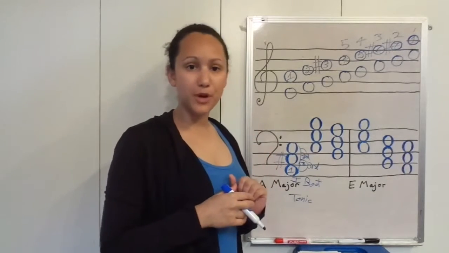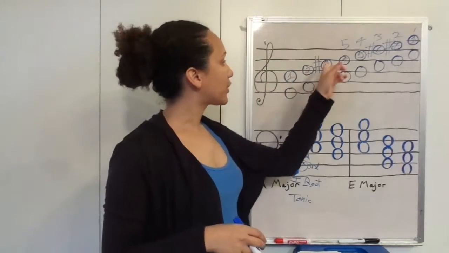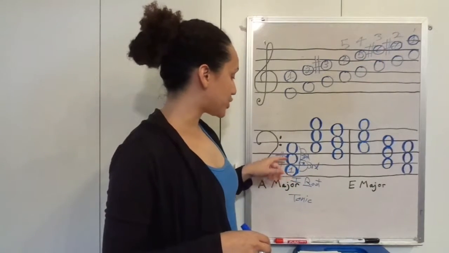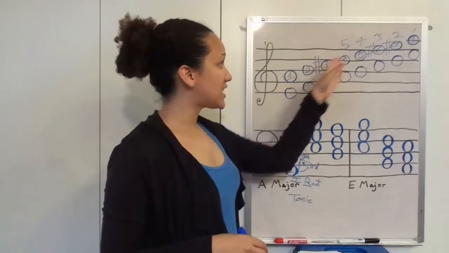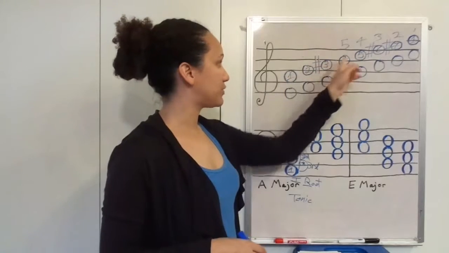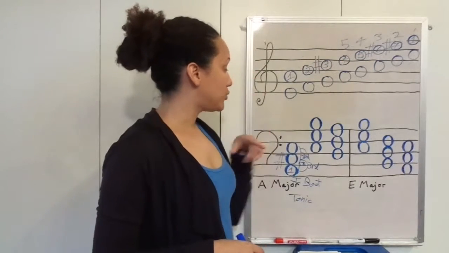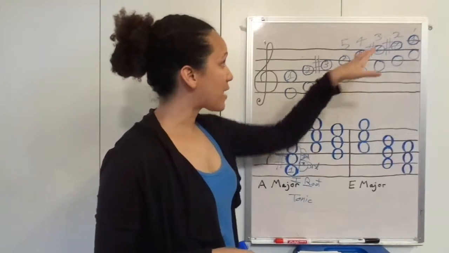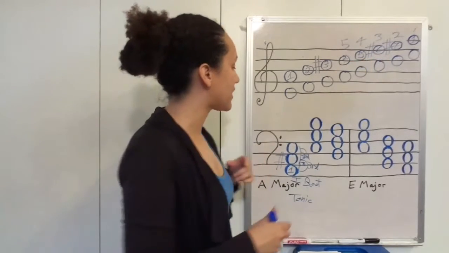And those are different from the third or the fifth of the scale. In this case, we're dealing with the tonic chord, so it's the same as the scale. The third would be the third of the scale. But we can do the same thing by the 5 chord, and that will show us something different. Here's our fifth.